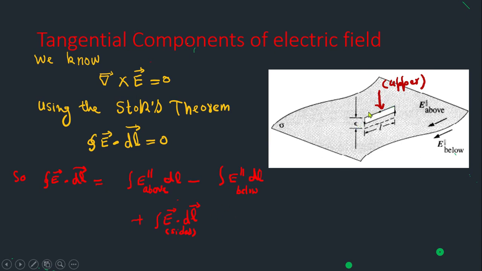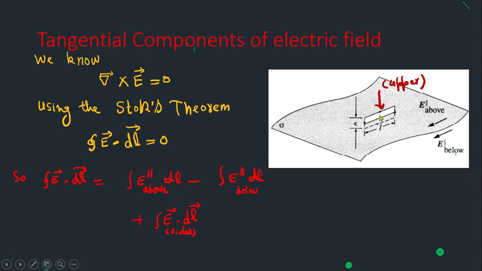For this upper side, this line integral will pick the parallel component of the electric field. So E dot dl can be written, for this upper side, as E parallel above into dl, because these parallel components and length elements are in the same direction.